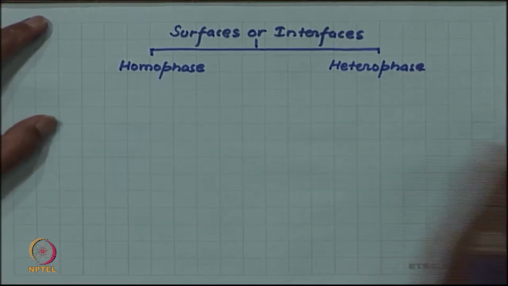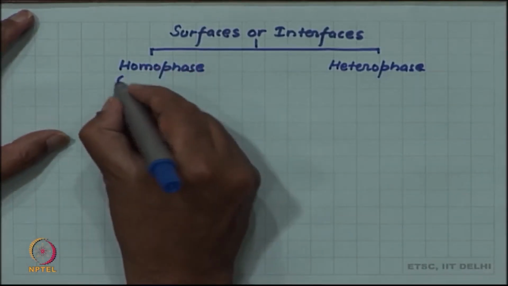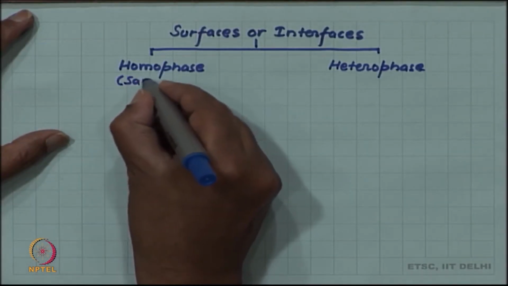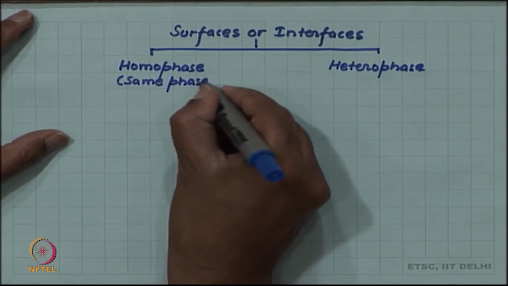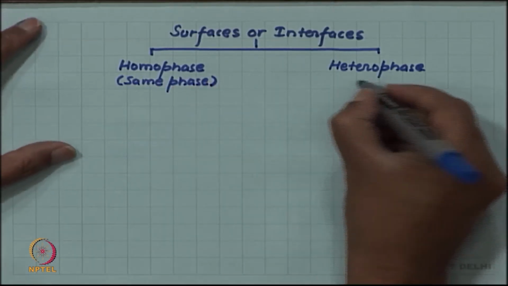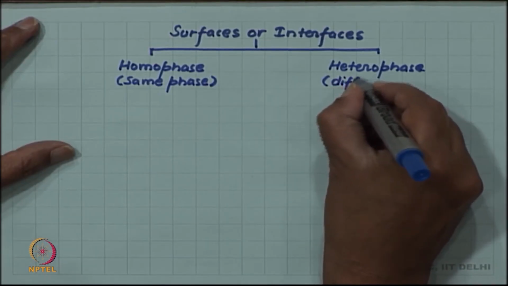As the name suggests, homophase means that across the interface, the same phase will be there, whereas in heterophase, across the interface different phases will be present.